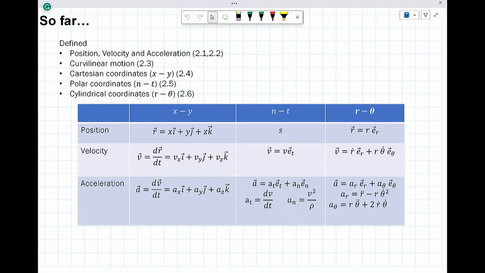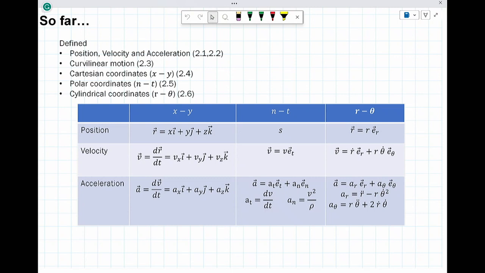But acceleration is a combination of the rate of change of the magnitude of velocity and the rate of change of direction. So a t is equal to dv dt, and a n is v squared over the radius of curvature, rho, defined there.